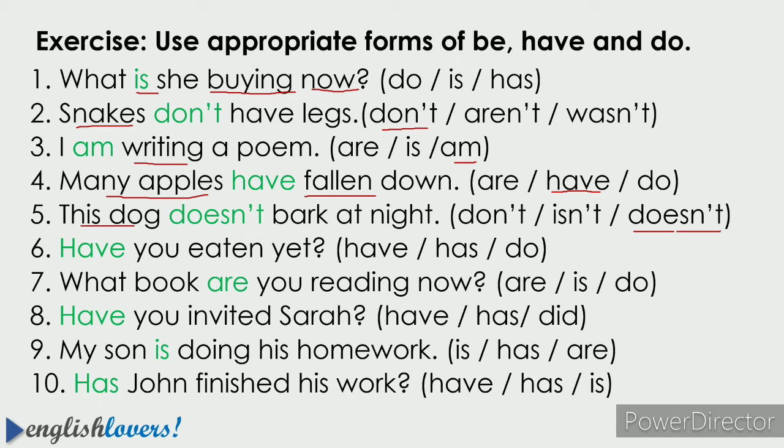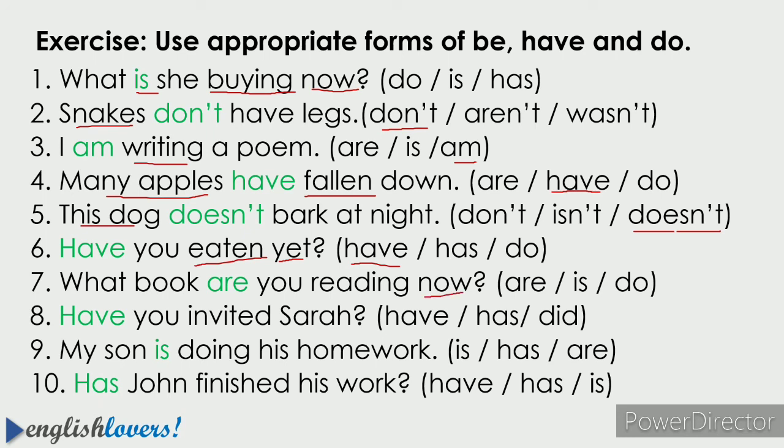Have you eaten yet? Now here eaten is the past participle of the verb eat, and as there is another adverb, that is yet, from that you can understand that it is the present perfect tense. So the correct verb form of have is have, because you is there. Have you eaten? What book are you reading now?